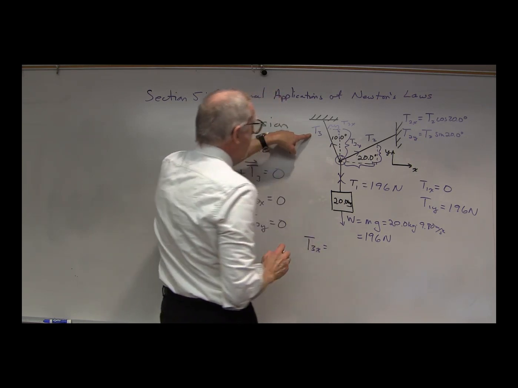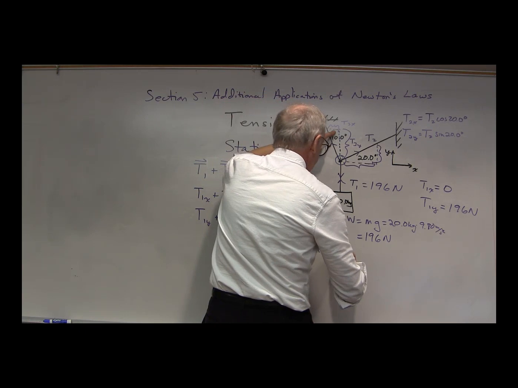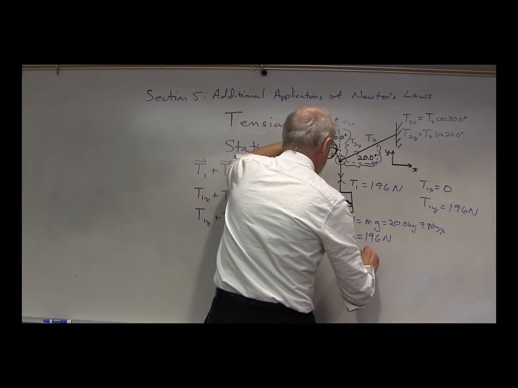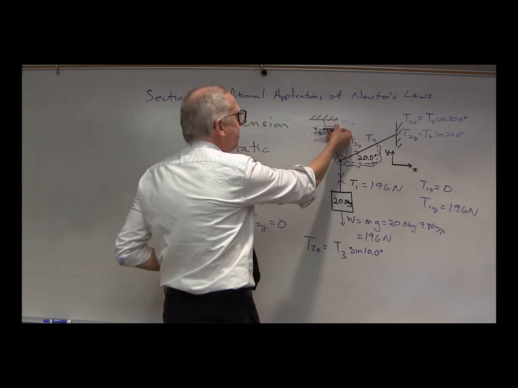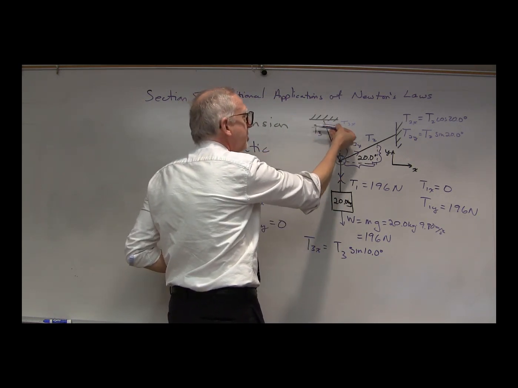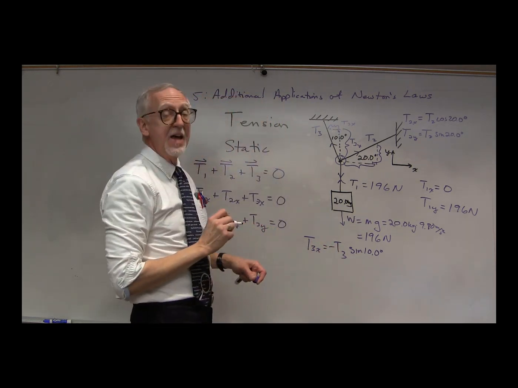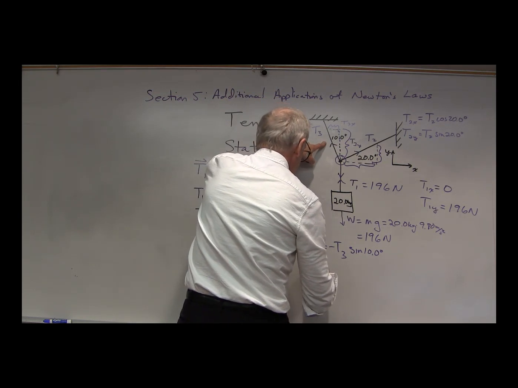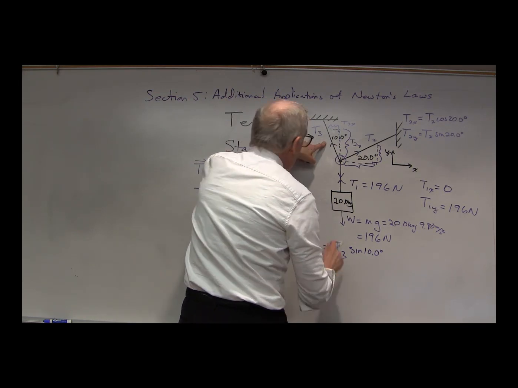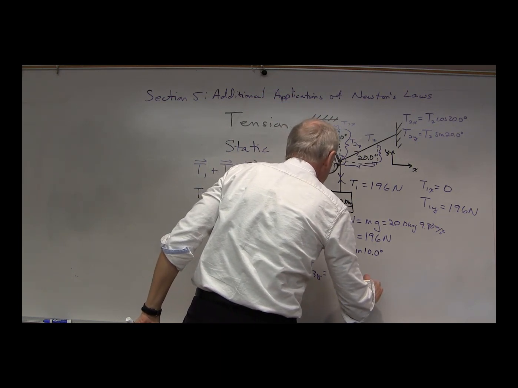T3x will be T3 sine 10 degrees, but notice it's pulling to the left, so T3x has got to be negative. Negative T3 sine 10 degrees. What is T3y? T3y will be T3 cos 10 degrees.